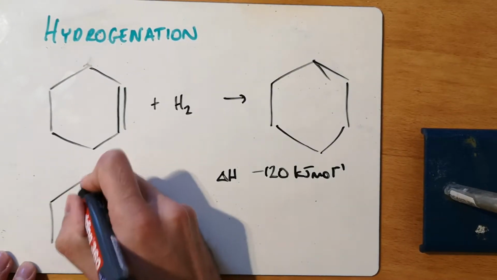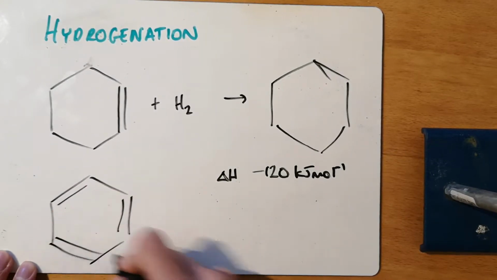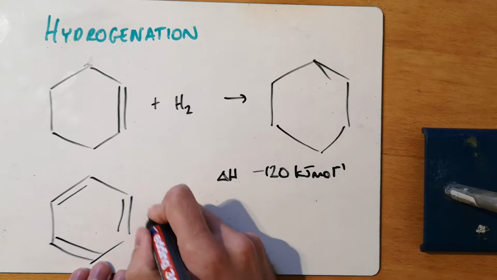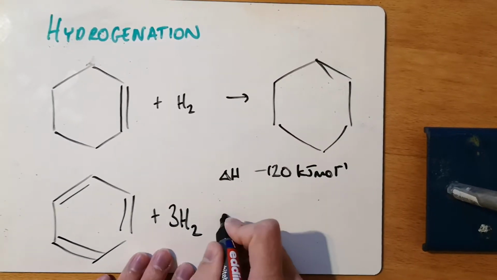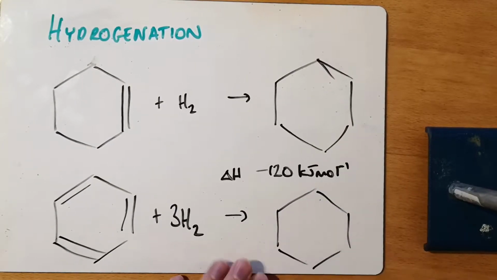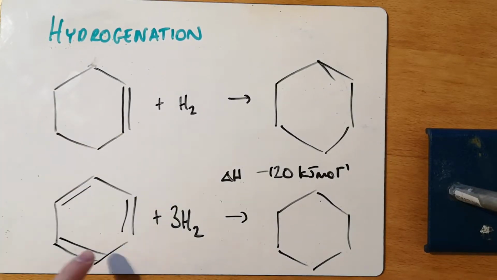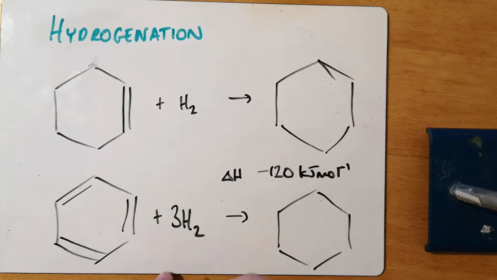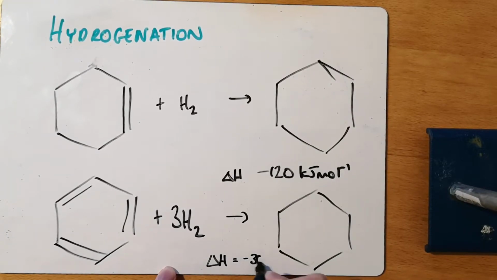So what we'd expect to see, if we got the Kekule structure of benzene and reacted it with 3 hydrogen molecules to form cyclohexane, is the same reaction but this time with 3 of them, so an enthalpy equal to minus 360 kilojoules per mole.